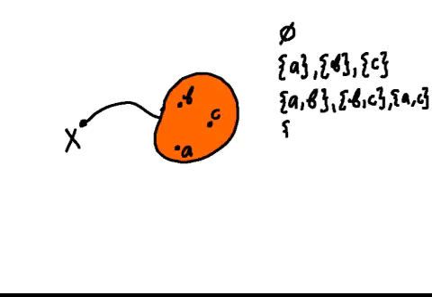And finally, we've got the entire set X, the grouping of all elements of X, a, b, c. So in total, we have 1, 2, 3, 4, 5, 6, 7, 8. The number at this point is irrelevant.